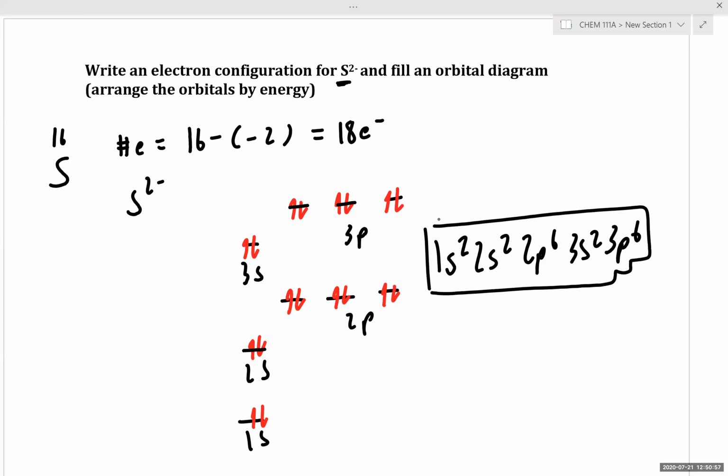Any questions on this example? Okay, so let's now work on the following example where we're asked to write an electron configuration and an orbital diagram for calcium. Let's spend about 3 to 4 minutes on this example, and then we'll discuss momentarily.